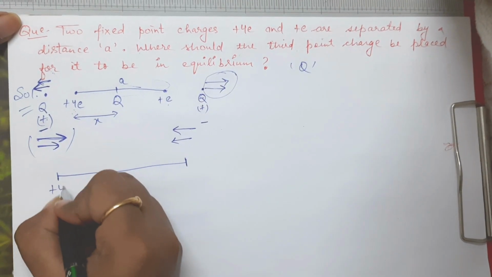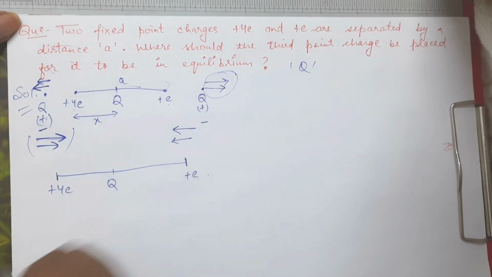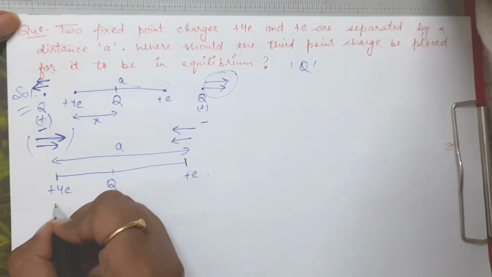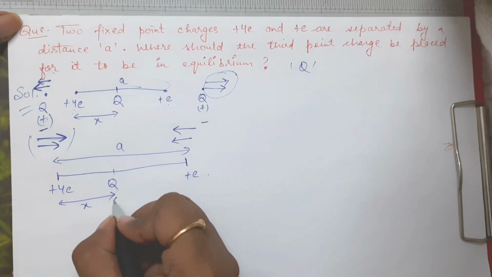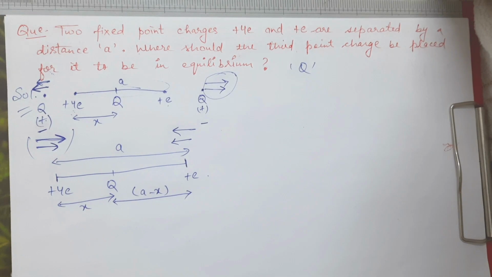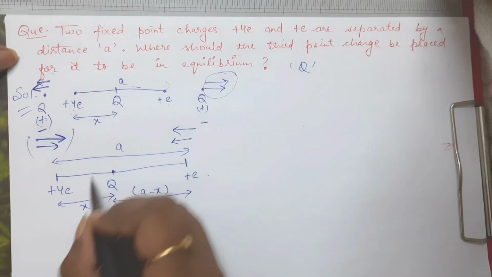So now here plus 4e is there and plus e is there, and Q is somewhere here. The overall distance is a. Suppose this particular distance is x. If this is x, then this will be a minus x. Now we want this charge to be in equilibrium.